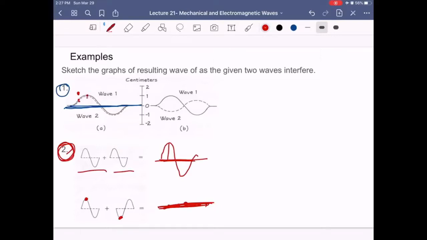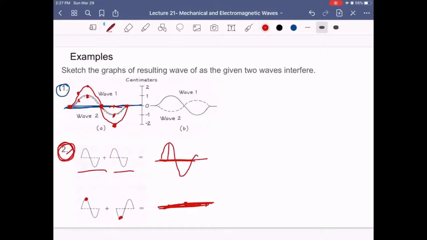Superposition of those two points will give me about this point. Those nodes would add up to give nodes as well, so they would just remain at the same location because 0 plus 0 is 0. And that's a negative displacement here, and the other one also has negative displacement, so the resultant displacement of the medium would be here. As a result, we will get a wave that's something like that.